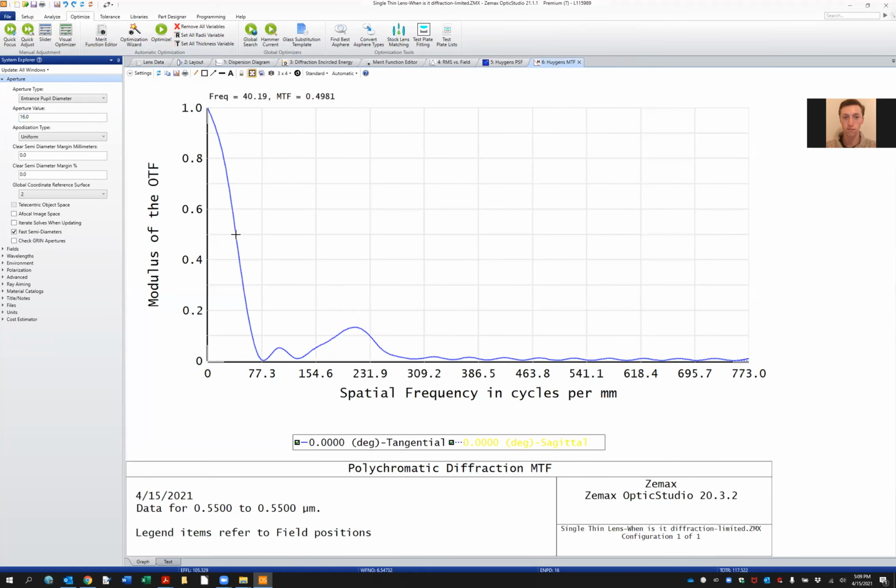Now we notice that it's actually gone down again. As we keep increasing the aperture, all of a sudden, instead of continuing to get this cutoff at higher and higher frequencies, meaning that we're passing much more rapid oscillations with finer spatial details, now it's started to decrease. It's gone from 60 down to about 40.